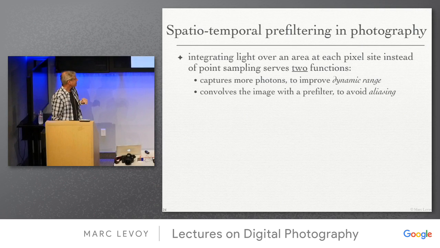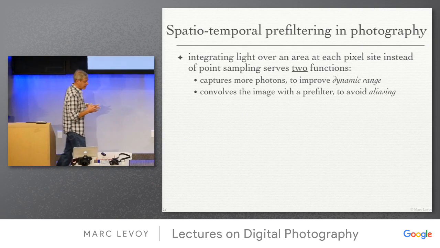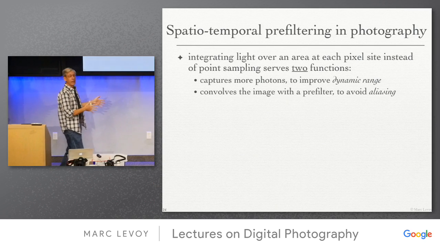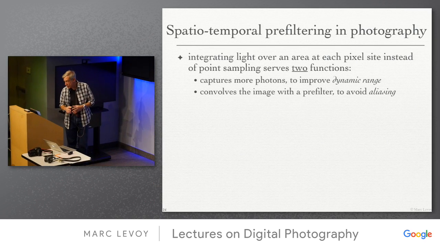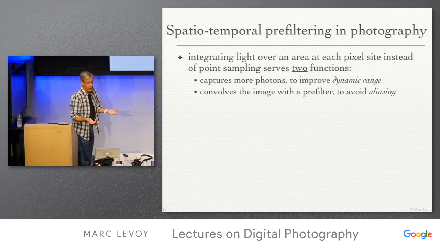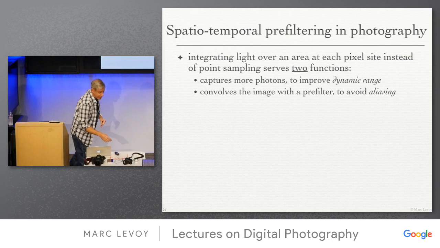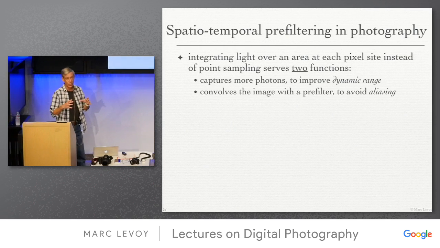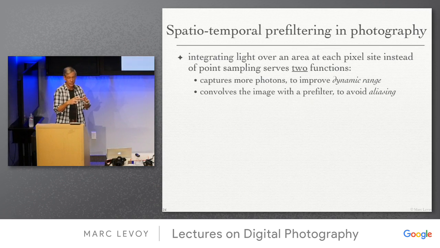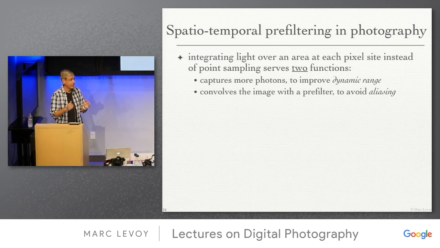So let's talk about these micro lenses from the point of view of the sampling theory that we considered last time. So integrating light over an area instead of just taking a point sample, we know will reduce aliasing. And so what these micro lenses do is they capture more light, first of all, and they also make sure that the fill factor is equal to the pixel pitch.